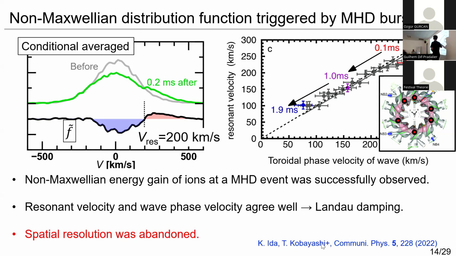The right-hand side here is the relation between this resonant velocity and the wave propagation velocity in the toroidal direction, which is measured by the toroidal magnetic field array. We see a very clear linear relation between these two. So this is a signature of the occurrence of the resonance.